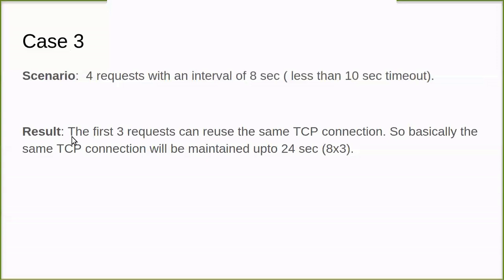So the result is the first 3 requests can reuse the same TCP connection, so basically the same TCP connection will be maintained up to say 24 seconds. When we have a timeout of 180 seconds and 1000 requests, we can actually maintain the same connection for a longer period of time, as we discussed.